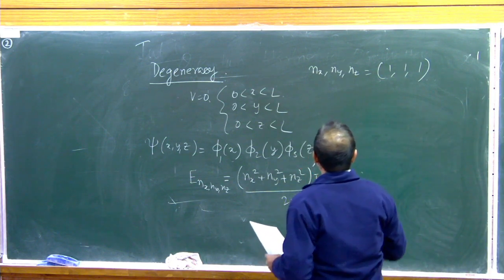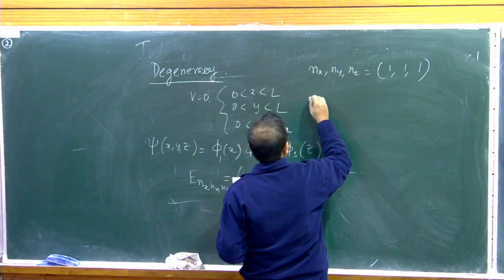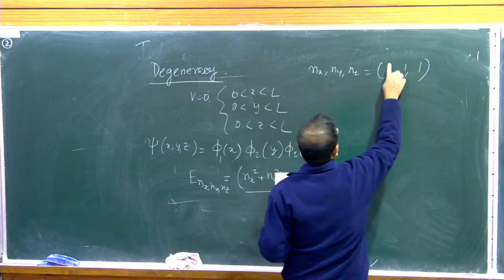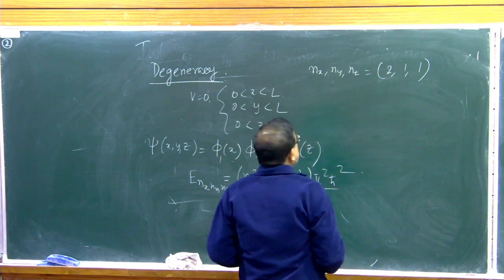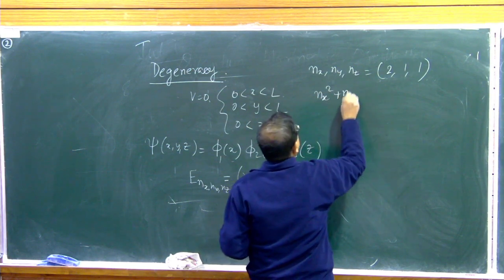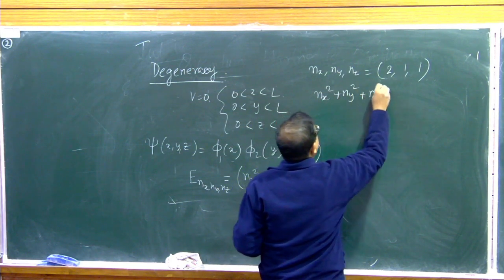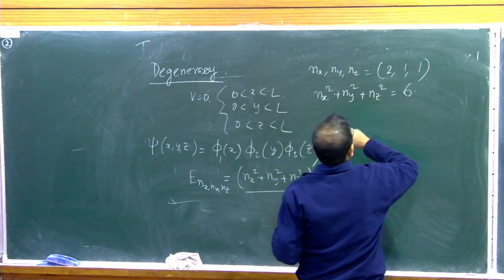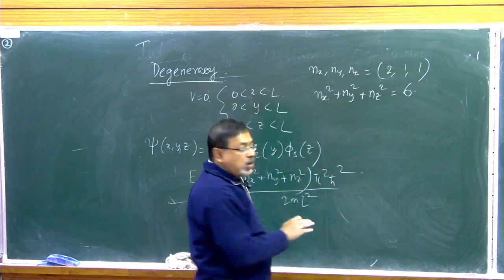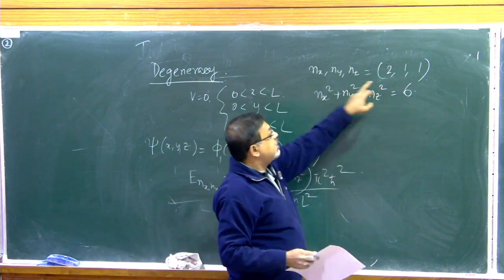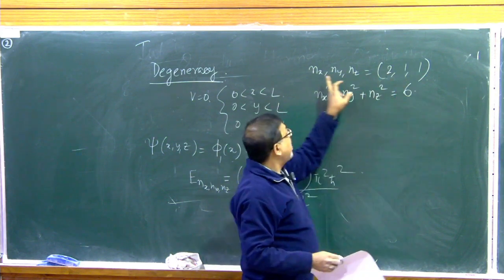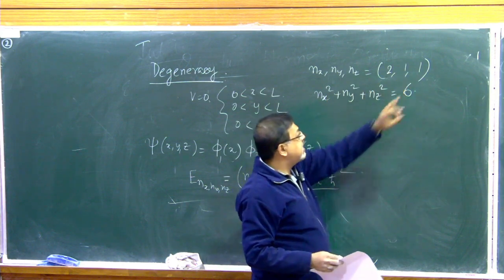Now suppose you make one of them 2. Then nx square plus ny square plus nz square becomes 6, that is 4 plus 1 plus 1. But this 6 is not unique to nx being 2. It could be nx being 1 and ny being 2, or nx, ny both being 1 and nz being 2.